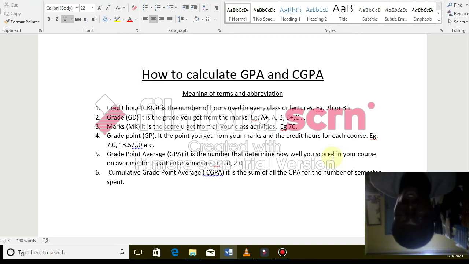Okay, so the grade point can be 7.0, 13.5, 9.0. That is the grade points. And don't worry if you don't know how to get it, you are going to learn how to calculate the grade point very soon. Just want you to understand certain terms over here.